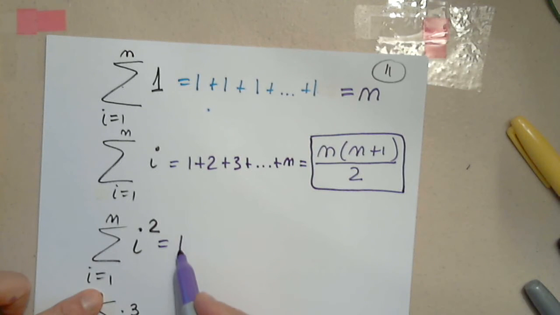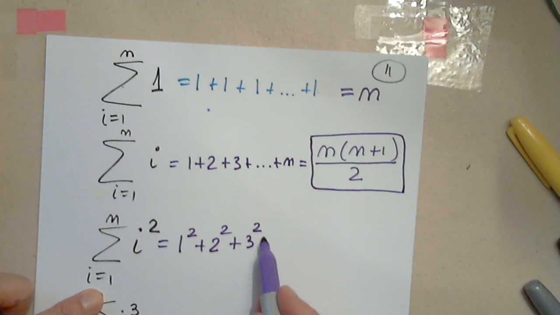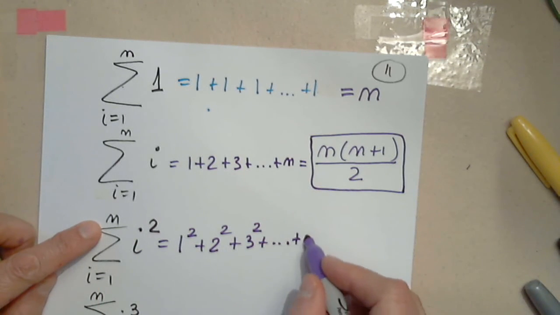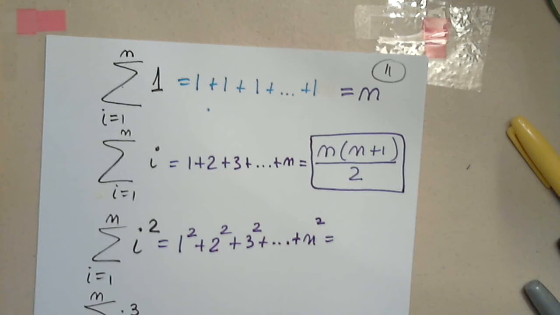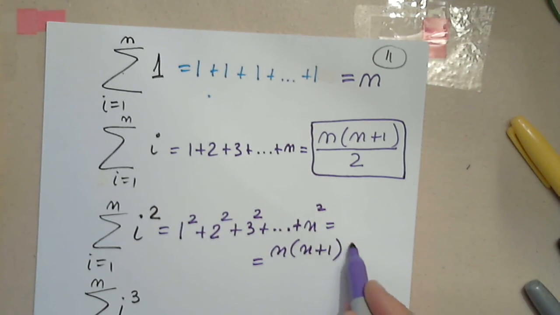When i is 1, when i is 2, when i is 3, dot, dot, dot, plus when i is n, squared. This is the most difficult to remember, it is n times n plus 1 times 2n plus 1 divided by 6. And yes, it needs to be memorized.